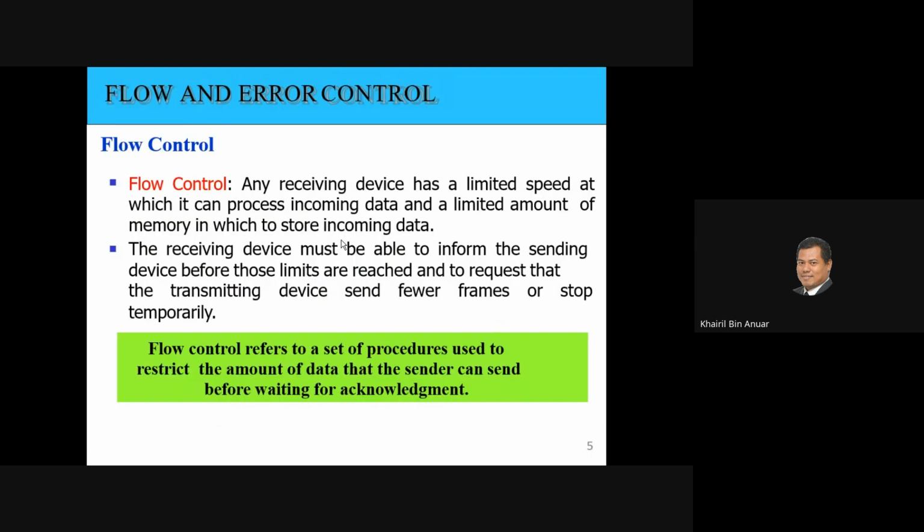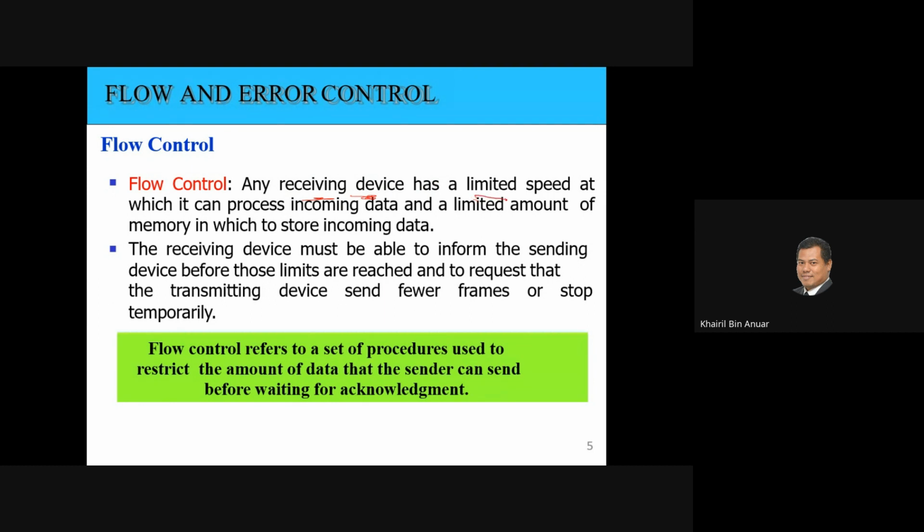As mentioned just now, flow control is about when you are sending and you overwhelm the medium of transfer or the receiver. Any receiving device has its limits. It's not just the receiving device, but also the intermediate device.